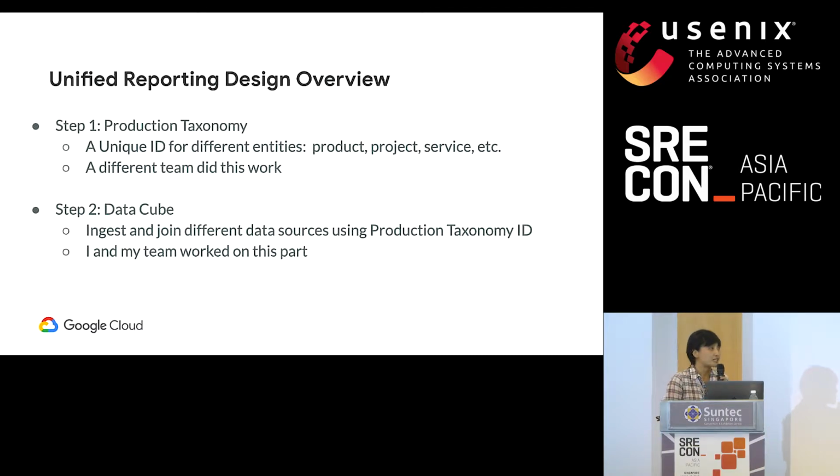That is the production taxonomy we created. Number 2 is to index all the different data sources using the common identifier so that we can bring the data together and combine them to generate useful insights.